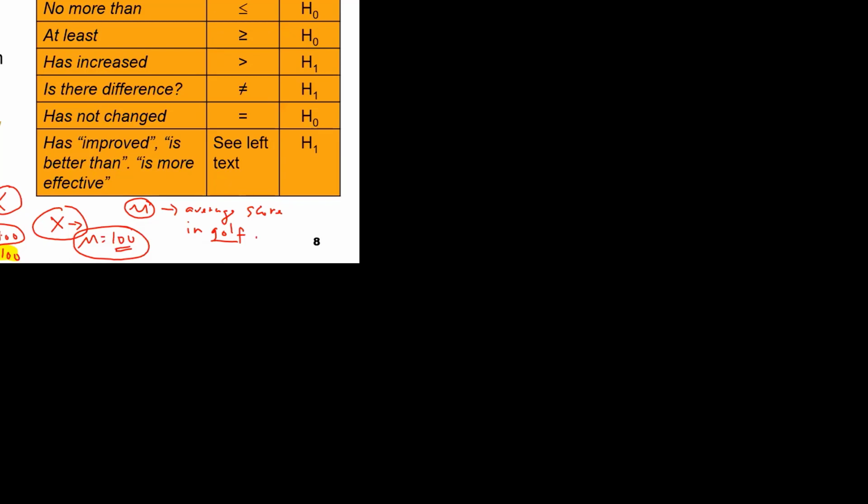I'm making this example because when you are converting terms such as improved, better than, as effective as, you always go back to the definition of the variable and let that be your guide in converting terms such as improved, better than, or as effective as. Okay? Does that make sense?